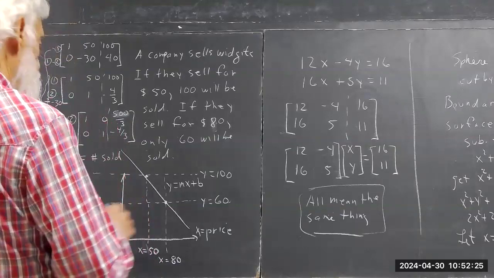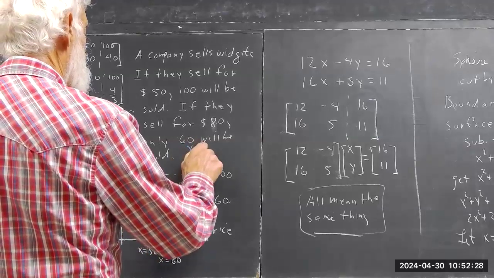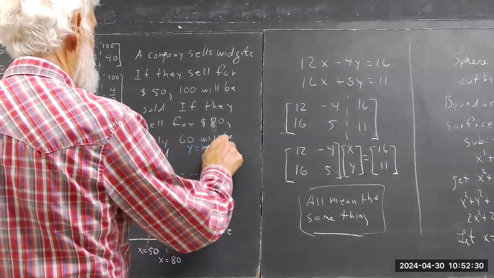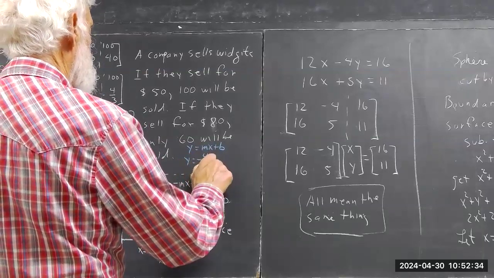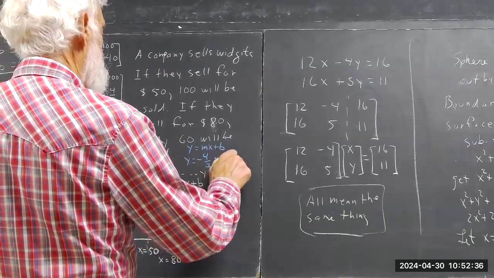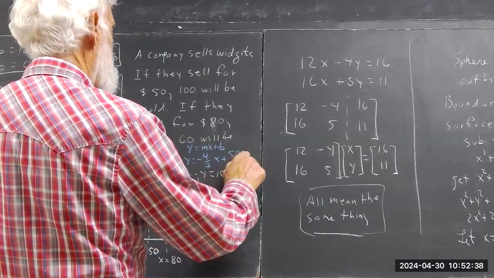Then our y equals mx plus b becomes y equals -4/3 x plus 500/3.